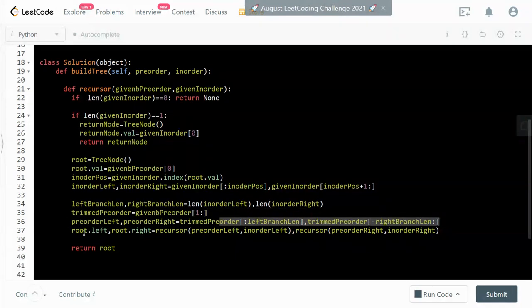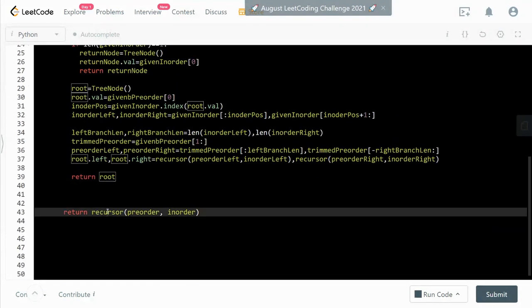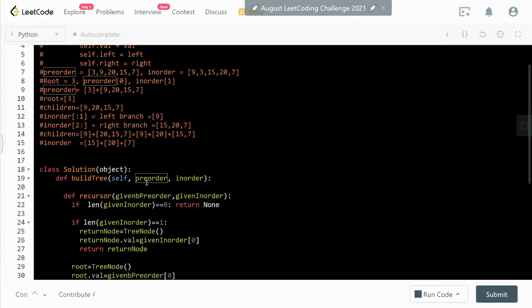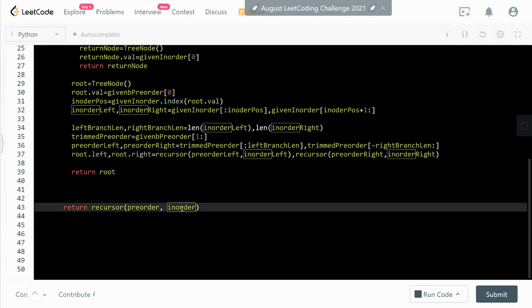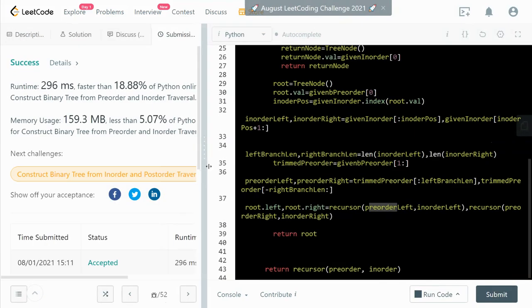And then assign whatever is returned to the left and to the right, and then assign to the root node. And then we need to trigger running by calling the recursion with the original pre-order list and also the in-order list. And that's basically it.